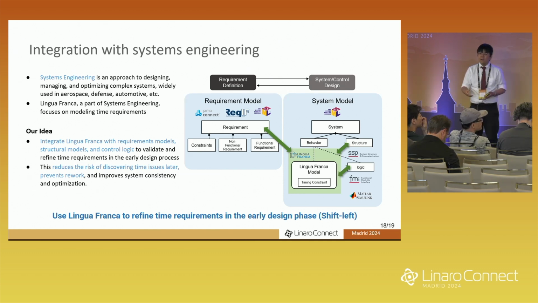So we can validate and refine timing requirements in the early design phase, before actual software coding. We want to reduce the risk of discovering timing issues later and prevent rework. So we want to use Lingua Franca to refine the timing requirements in the early design phase as a part of the shift-left approach.